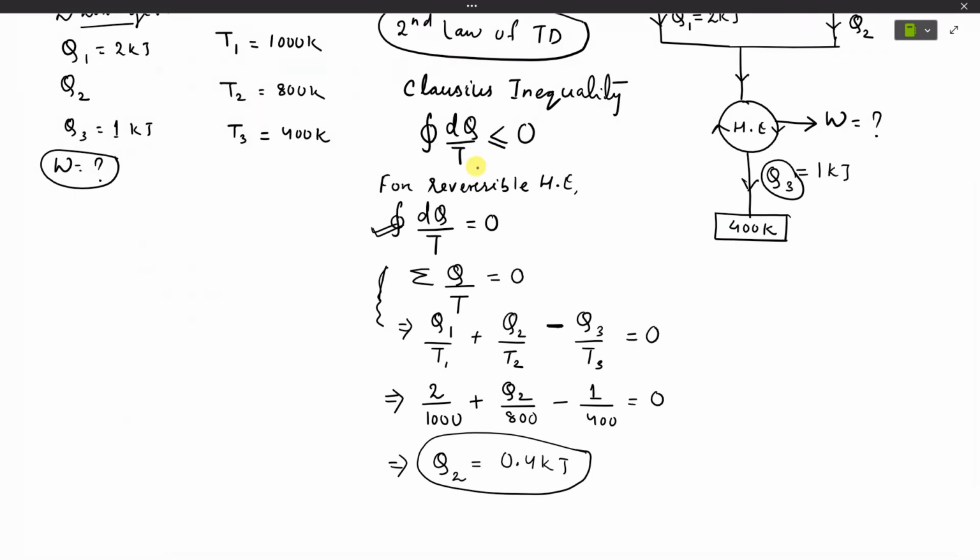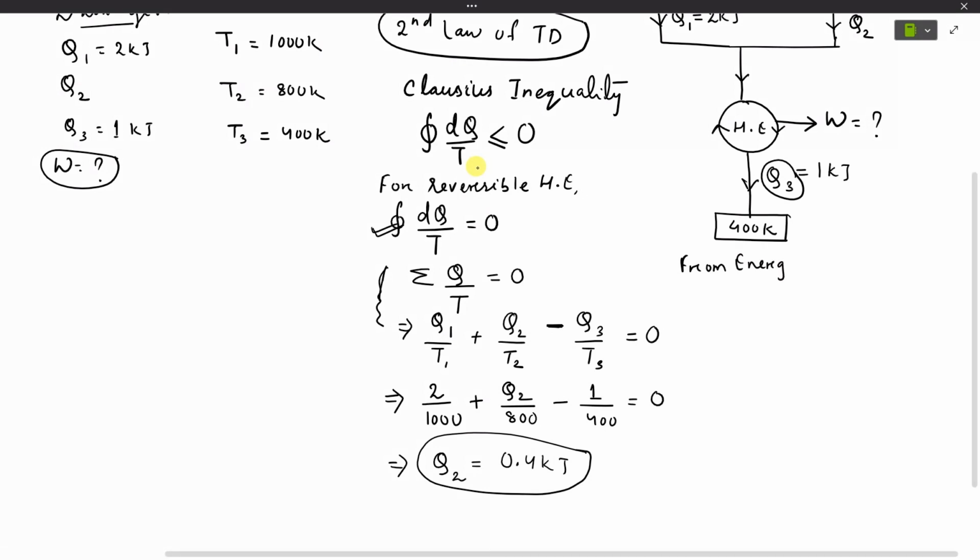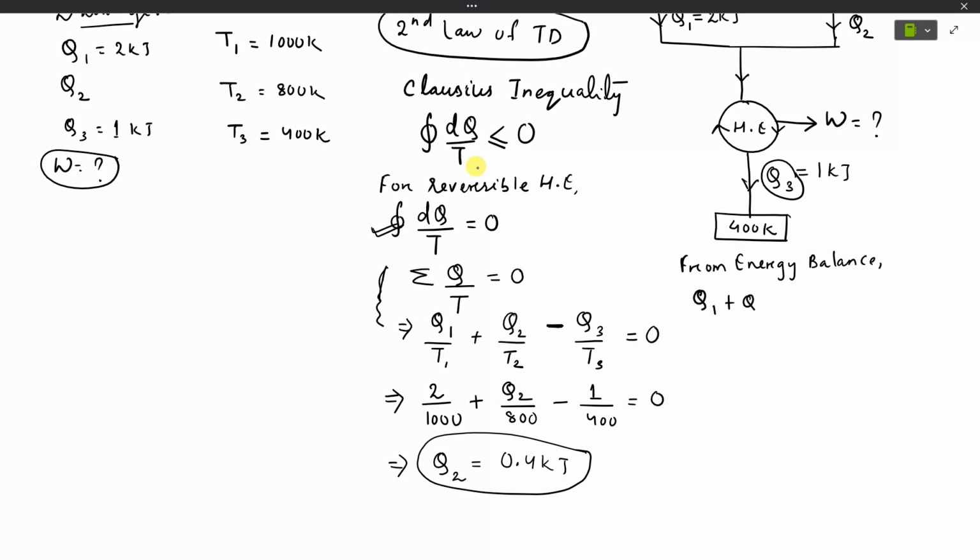In this question we have to find the net work output by the heat engine. For that we have to use the energy balance equation. From energy balance, we can say that Q1 plus Q2 is equal to W plus Q3.